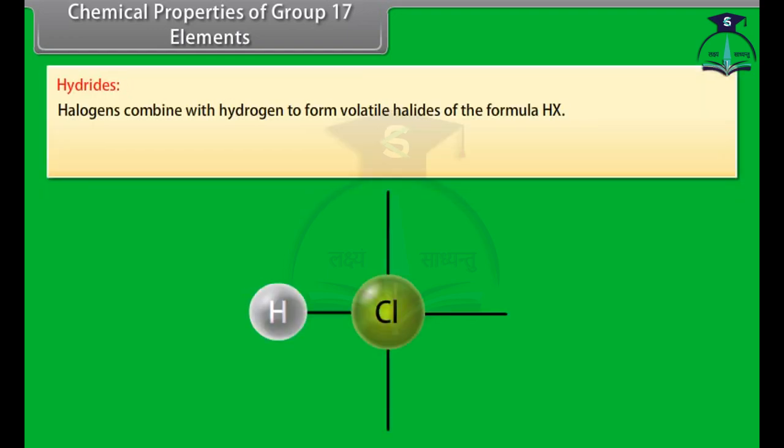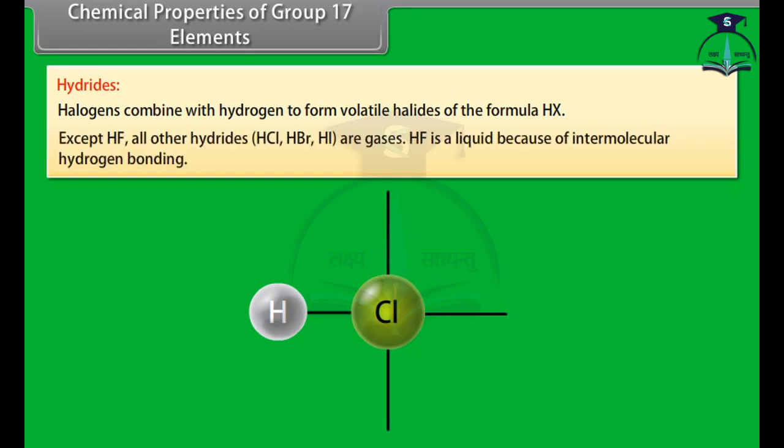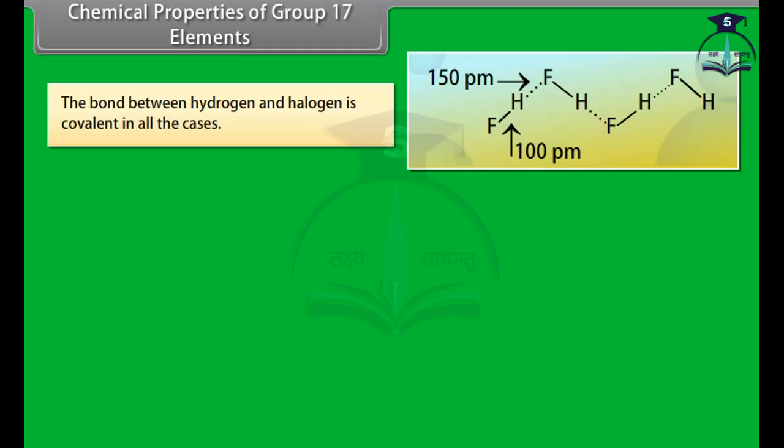Hydrides. Halogens combine with hydrogen to form volatile halides of the formula HX. Except HF, all other hydrides HCl, HBr, HI are gases. HF is a liquid because of intermolecular hydrogen bonding. The bond between hydrogen and halogen is covalent in all the cases.